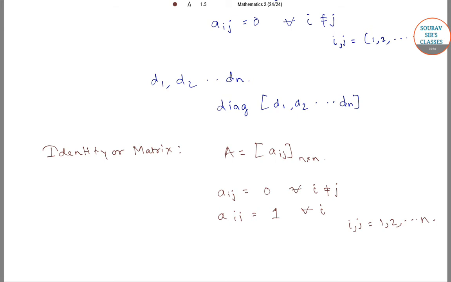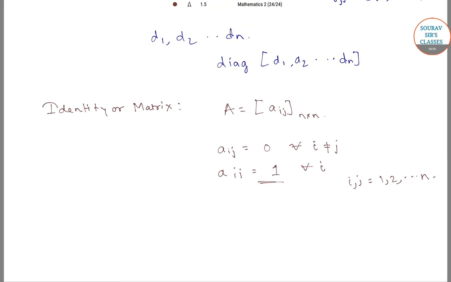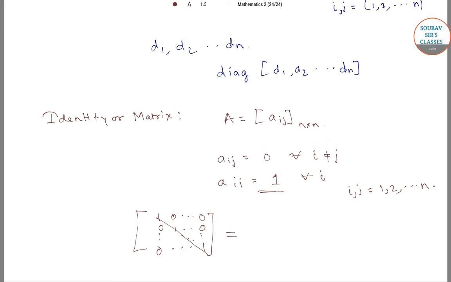In other words, identity matrix is a square matrix each of whose diagonal elements is equal to 1 and non-diagonal elements are equal to 0, like this, 1, 1, and so on till 1. And this identity matrix of order n is denoted by In.